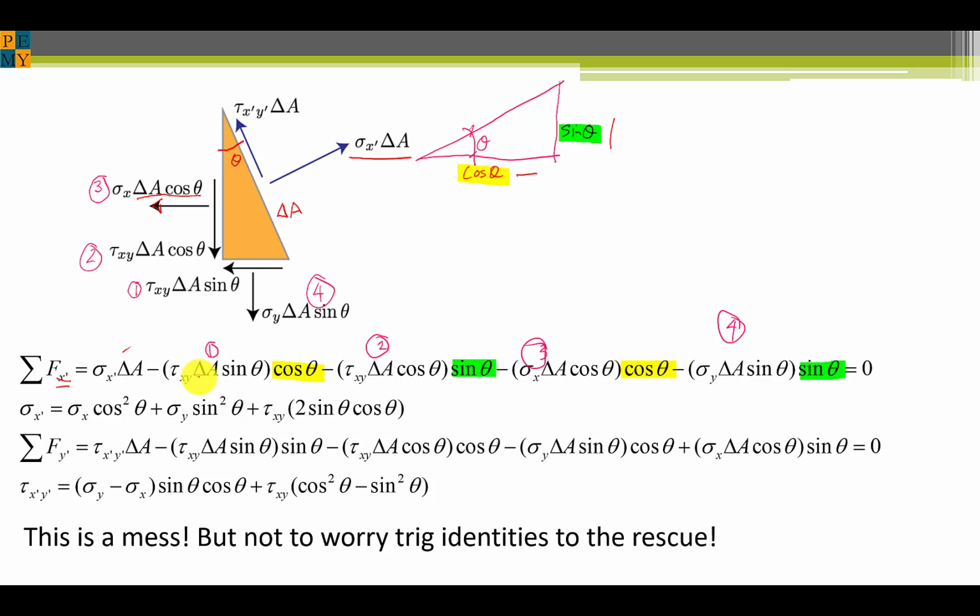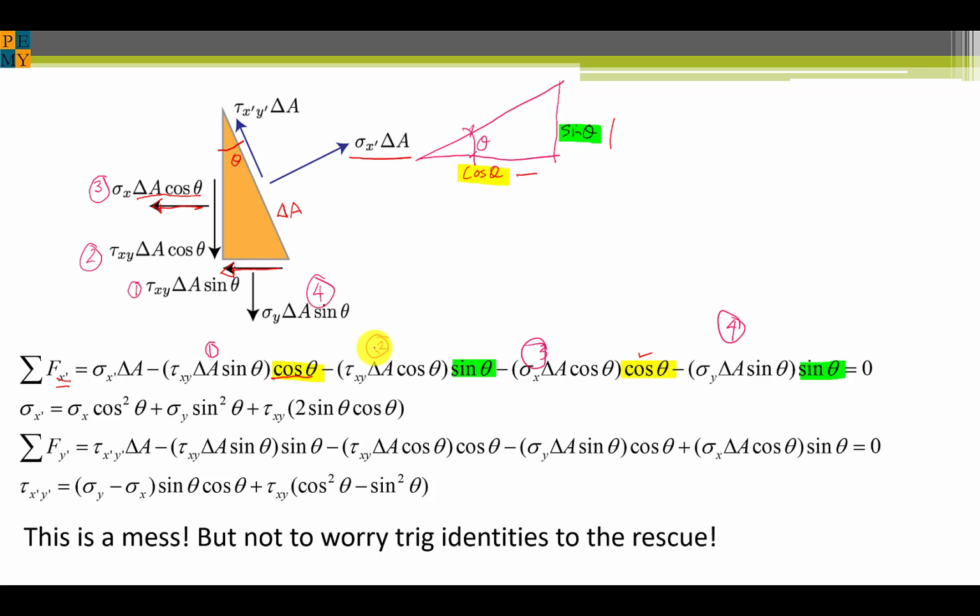If you'll notice, all the other forces are opposing it. So for example, for item 1 we have tau xy delta A sine theta, which is in the horizontal direction. That's this arrow. We have to multiply it by the cosine of theta because we're rotating to the new angle, and like I said, we're scaling by cosine of theta. The other horizontal force we'll scale is this one here, and you can see that that's 3. It's scaled by cosine of theta.